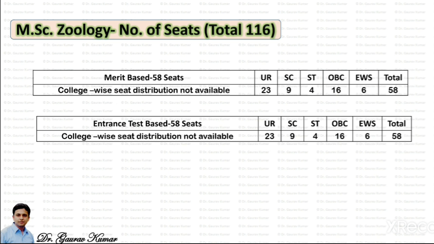The distribution of seats in the various categories is similar in the merit as well as the entrance test based. There are around 23 seats in the unreserved category, 9 in SC, 4 in ST, 16 in OBC and 6 in EWS.